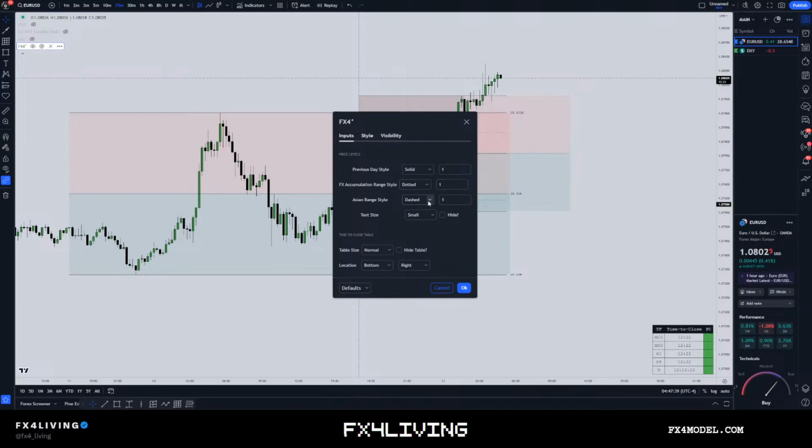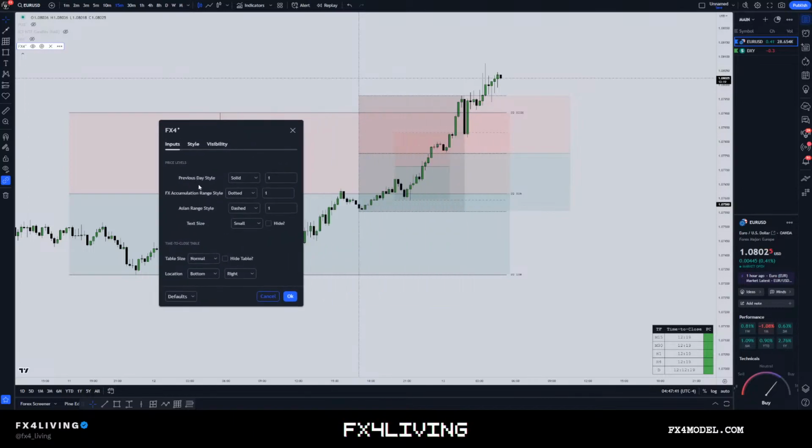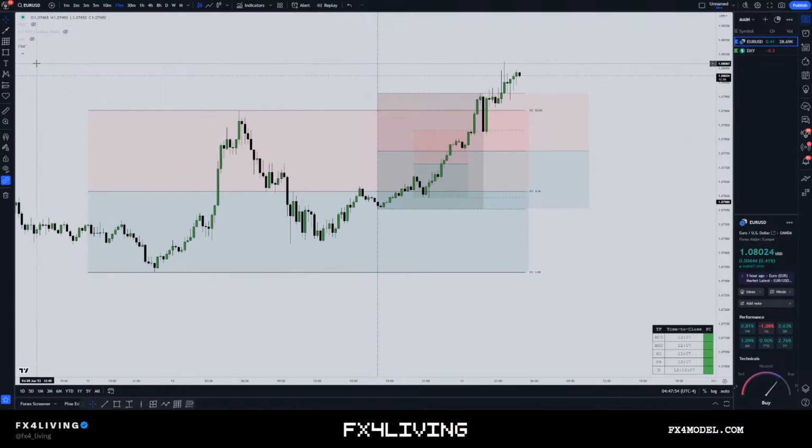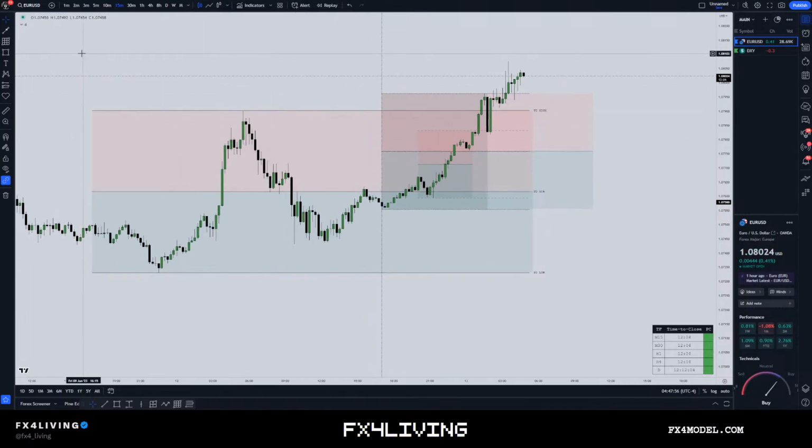You're gonna have the previous day Asian range and the FX accumulation range. But you can plot all that stuff as well. If you don't have the indicator for now, it's not too hard.